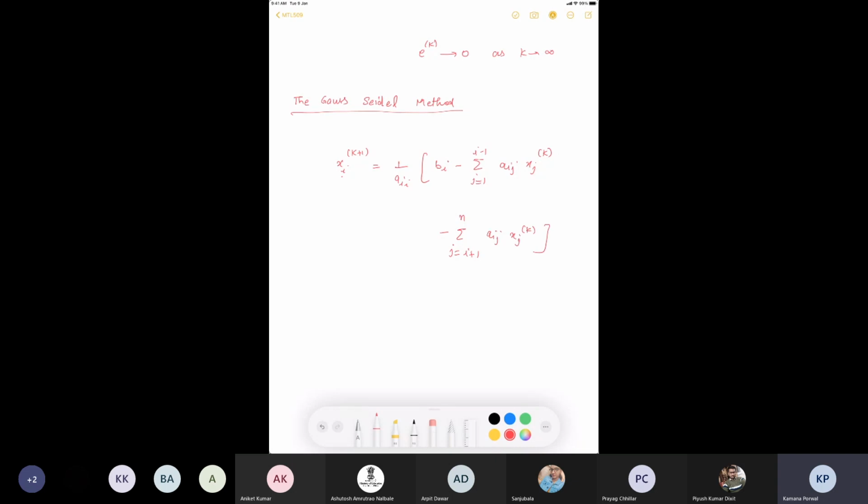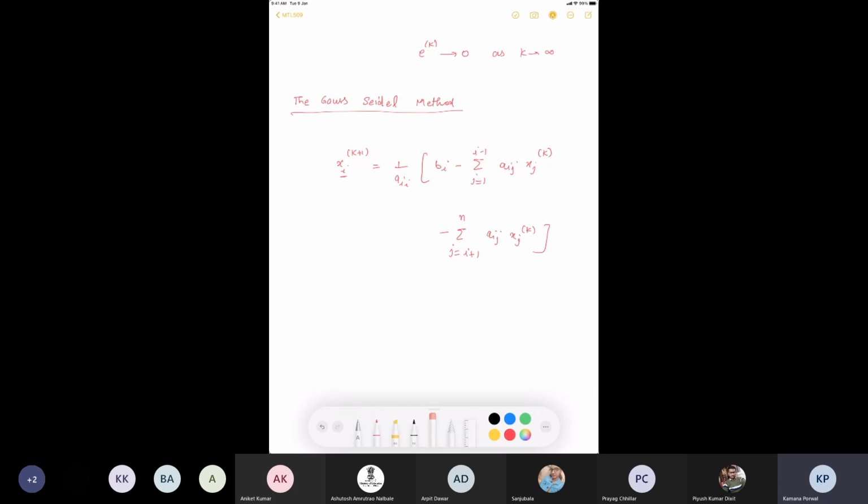Now, what is the difference between Jacobi and Seidel? If we are finding the ith component of the k plus 1th iterate, this means that I have already computed the first, second, up to the i minus 1th components of the k plus 1th iterate.